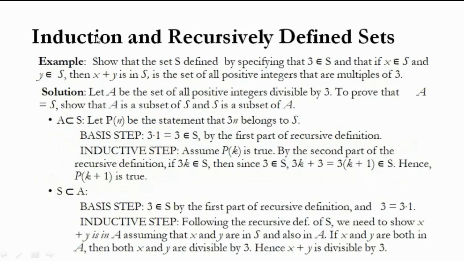So the same thing, induction and recursively defined sets. That is, if 3 is in the set and k is also in the set, if you perform multiplication on the 3 and k, then add with any other thing, then it will also fall under the same set. That is the solution given in this particular slide.